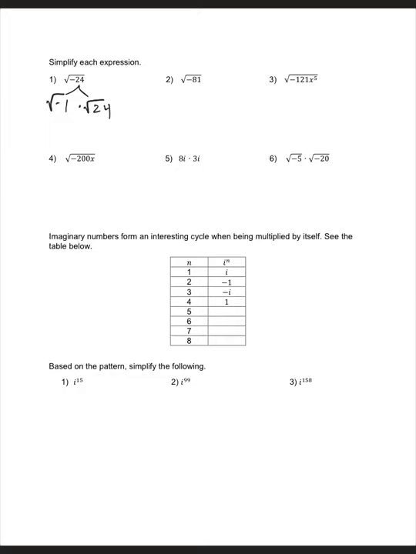Now, once we get to here, I know the square root of negative 1 is i. So I'm going to put i to signify that it is indeed an imaginary number. Okay? And then I have the square root of 24 left. Now, what's cool about this, guys, is once I pull the i out, this part right here is literally the review standard.